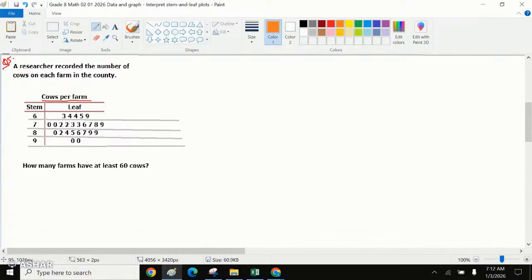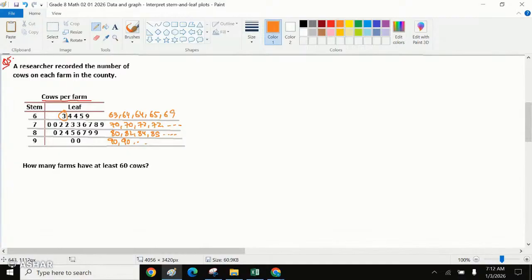So the first row would give us 63, 64, 64, 65, 69, and so on. This would be 70, 70, 72, 72, and so on, right? This would be 90 and 90, right? Agreed? This would be 80, 82, 84, 85, and so on till 89, right?